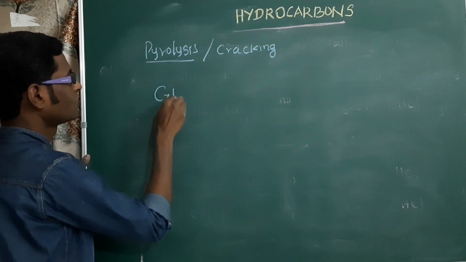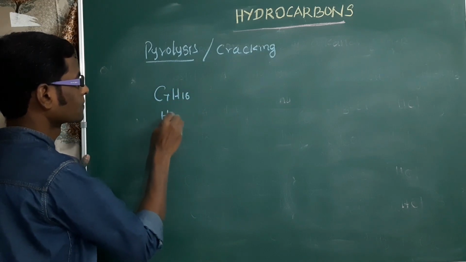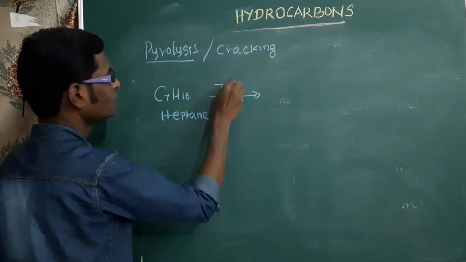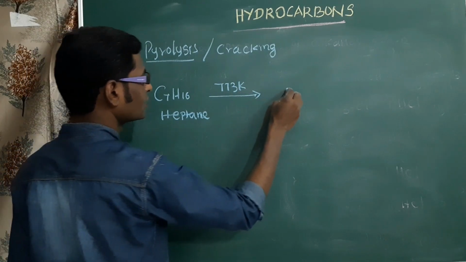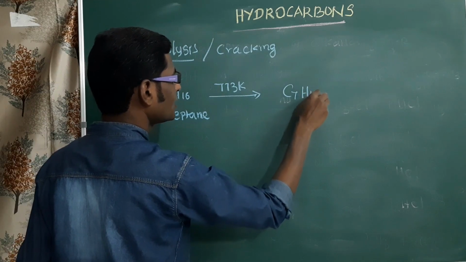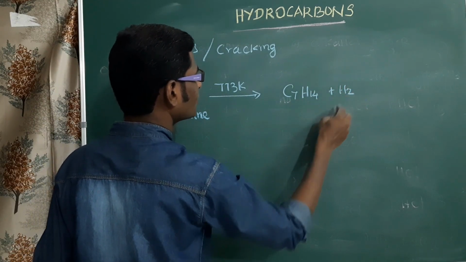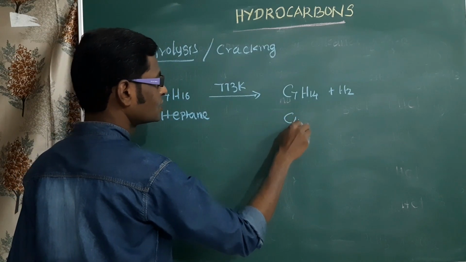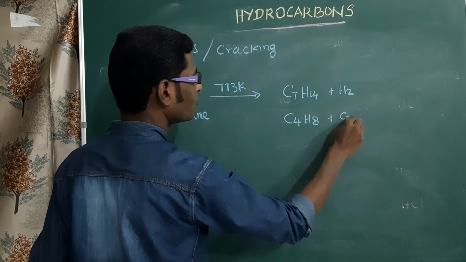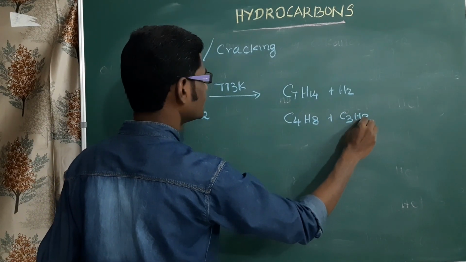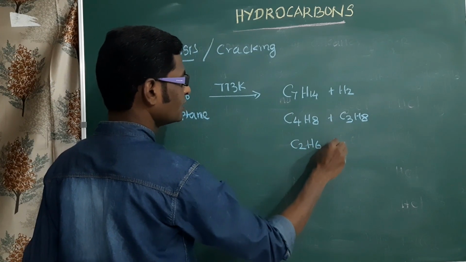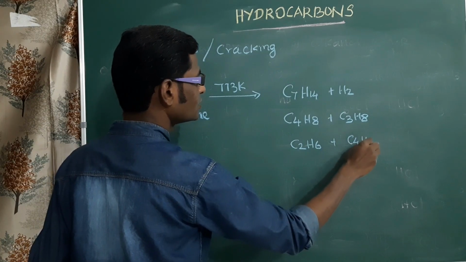Example, C7H16 heptane heated at 773 Kelvin in anaerobic condition. It can split into hexene C7H14 plus hydrogen, or another combination, C4H8 butene and propane C3H8, or C2H6 ethane and butene C4H8.